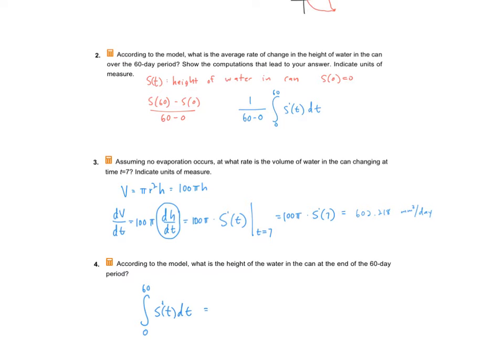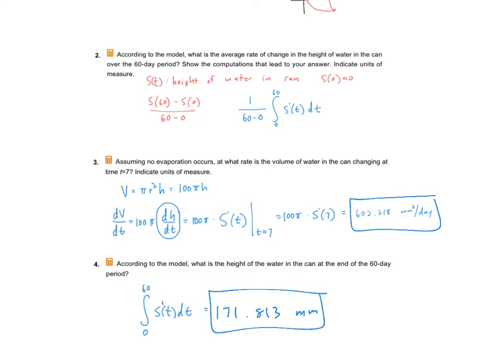Yeah, 3 was that. 4 ends up being this, 171. And then here, let me get number 2. It ends up being 2.863, and that's millimeters per day.